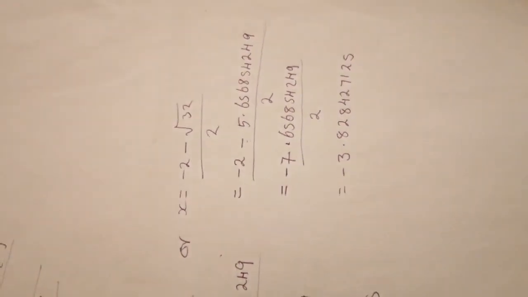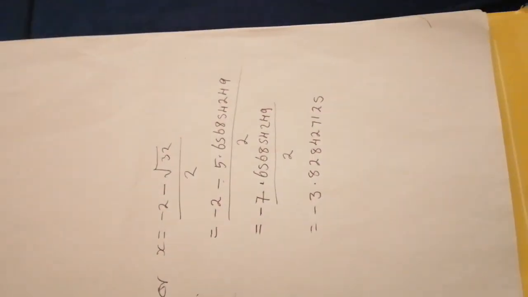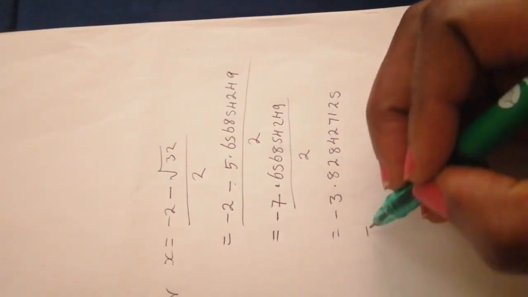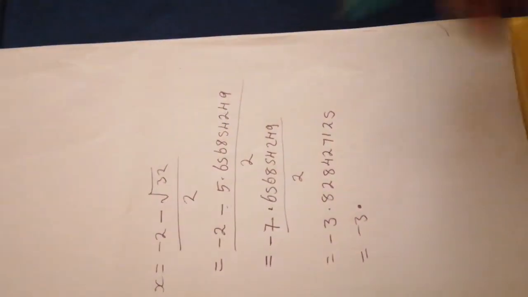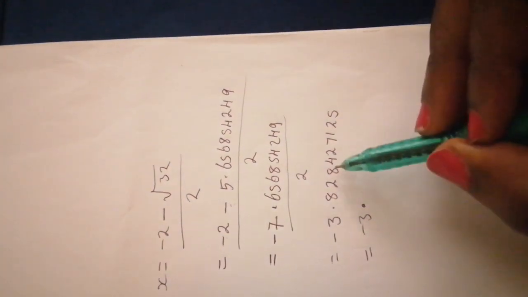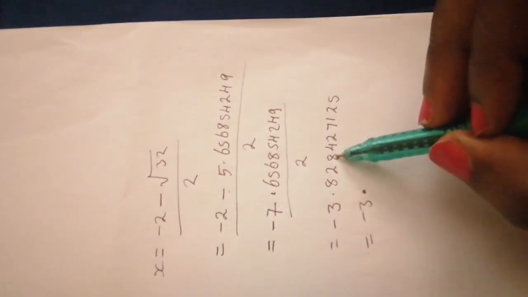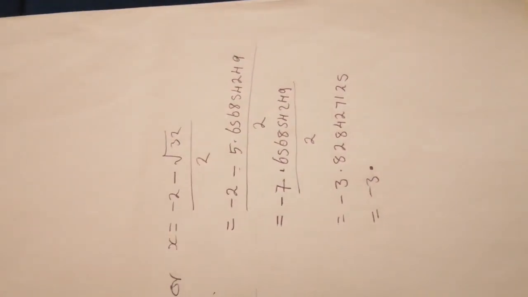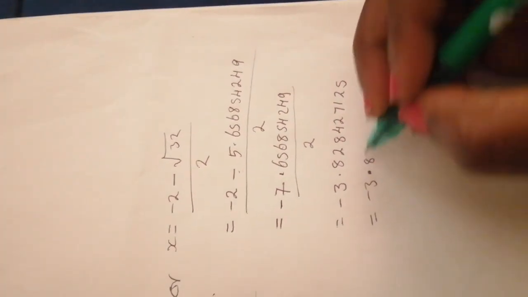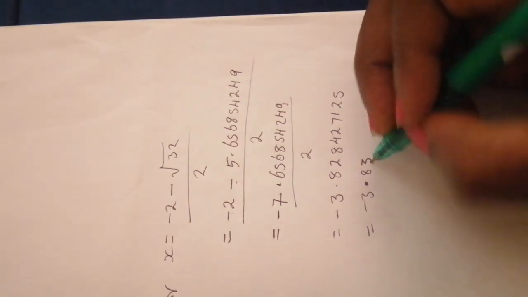Again, we need to give our answer correct to 2 decimal places. So we have -3 point. To 2 decimal places, we need to end on 2. We will do the same thing. The next number is above 5. Get 1 from 8, add it to 2, giving us 3, then 3.